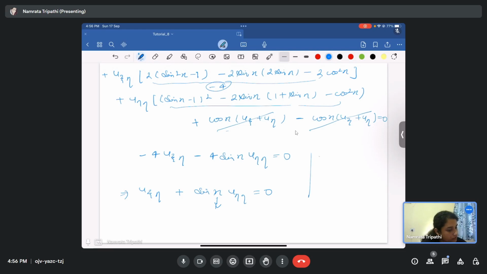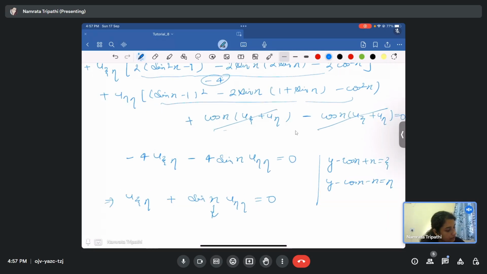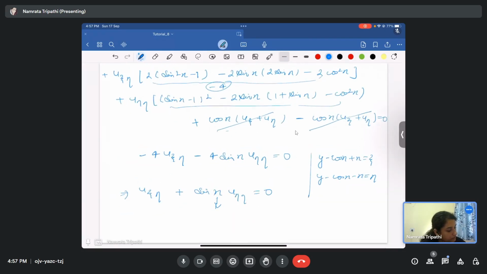Since y minus cos x plus x is xi and y minus cos x minus x is eta, after calculating from here and substituting, you will get x equals eta minus xi upon 2. So this is the answer.